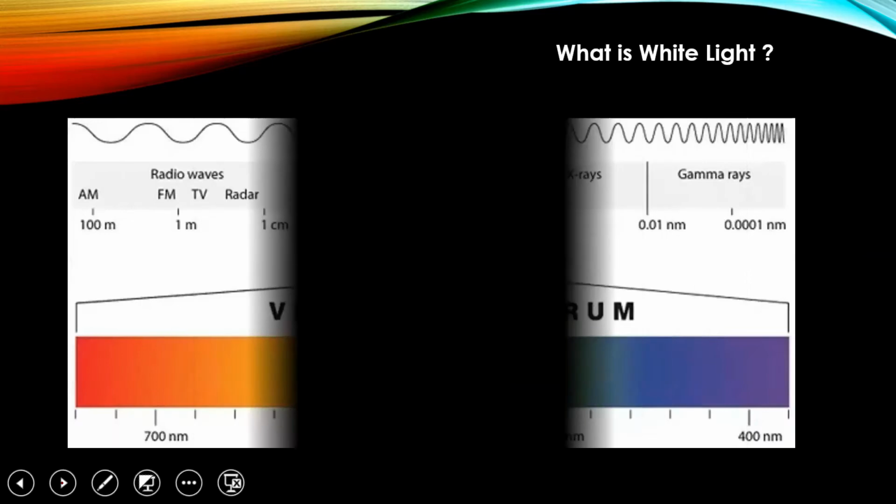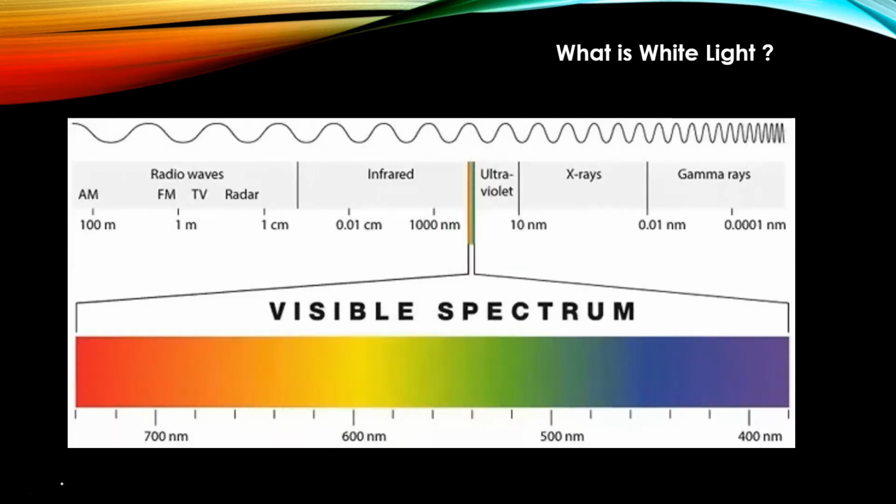Now, in order to study dispersion of light, we also need to first know what we mean by white light. This is the visible range, 700 nanometers to 400 nanometers, with 500 and 600 in between. Our visible range is made up of 7 colors of light.